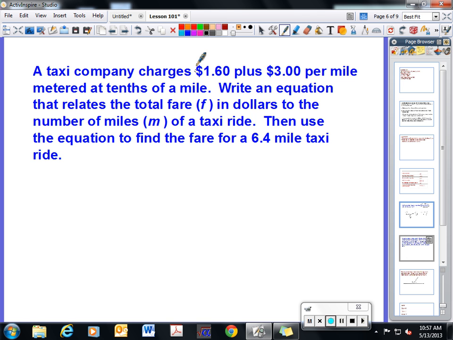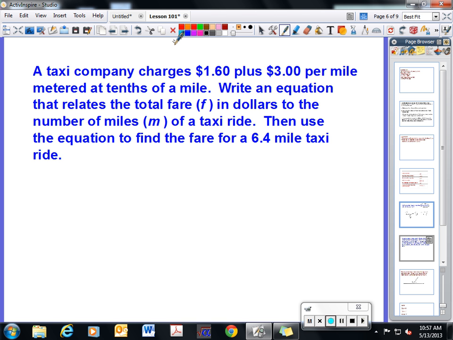All right. Here's one put into a word problem. A taxi company charges $1.60 plus $3 per mile, metered at tenths of a mile. Write an equation that relates the total fare in dollars to the number of miles, m, of a taxi ride. Then use the equation to find the fare for a 6.4 mile taxi ride.